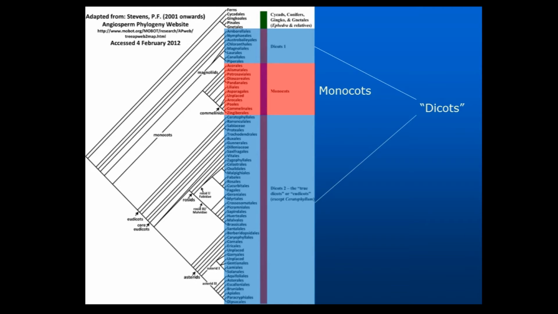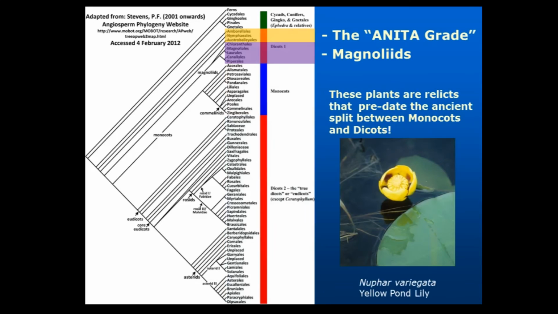Right there are several lines going up. Amborellales, what on earth is that? Nymphaeales, that we know. Water lilies and their cousins. And Austrobaileyales, what on earth is that?